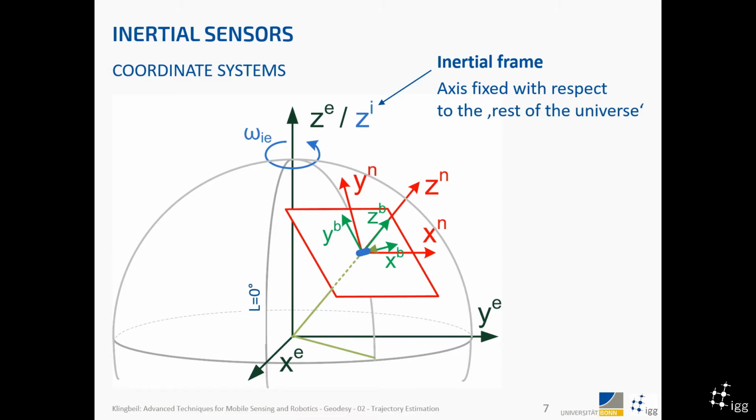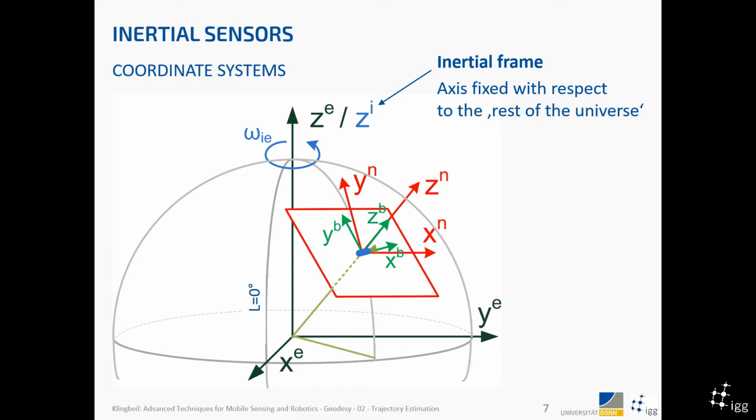So in this Earth frame, which is marked with the E here, which is attached to the Earth, this is the frame which we are interested in, right? This is the frame which contains global coordinates which tell us exactly where on Earth we are. For the inertial sensors, we need this inertial frame.